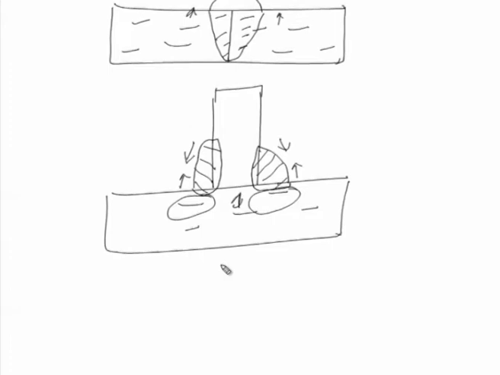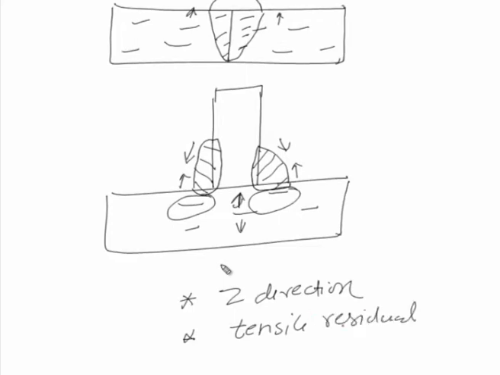So, these cracks basically develop due to the decohesion of these laminates, and this is mainly attributed to the limited Z direction ductility. The main reasons for this are the presence of high tensile residual stresses and the limited Z direction ductility.